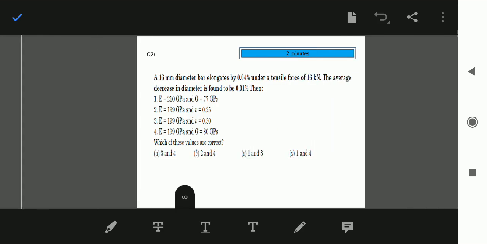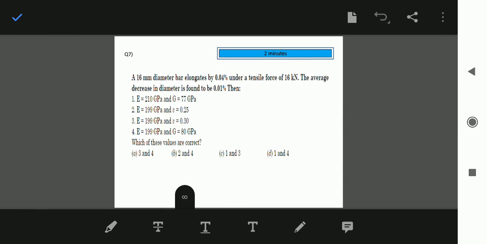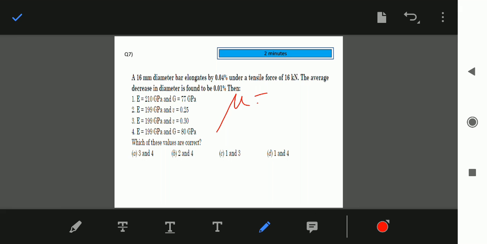So, an easy question. Question number 7, again a similar question but very important in terms of the definition of mu. Mu is defined as minus of lateral strain by longitudinal strain.